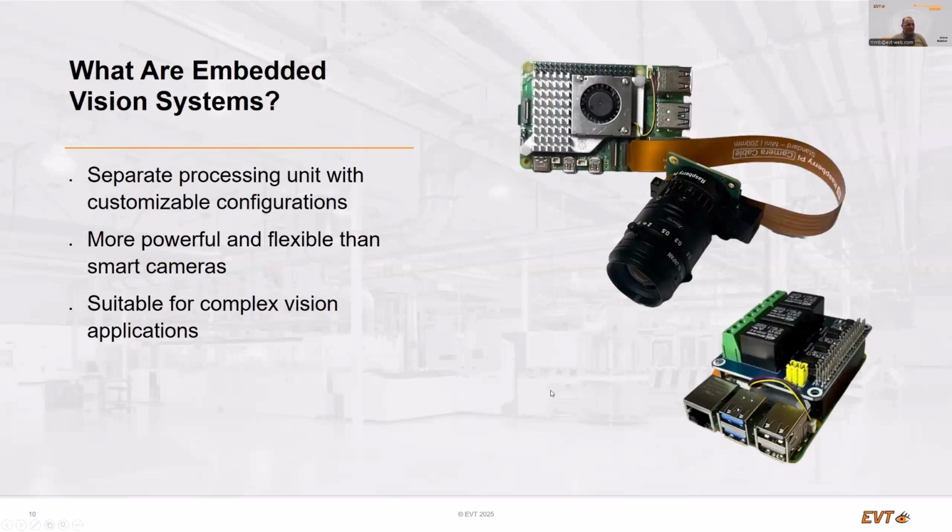What is an embedded system? I just mentioned it during the explanation of the smart camera. An embedded system is mainly, let's say, a kind of PCB which integrates all the CPU, the main memory, and any kind of I/O capabilities.